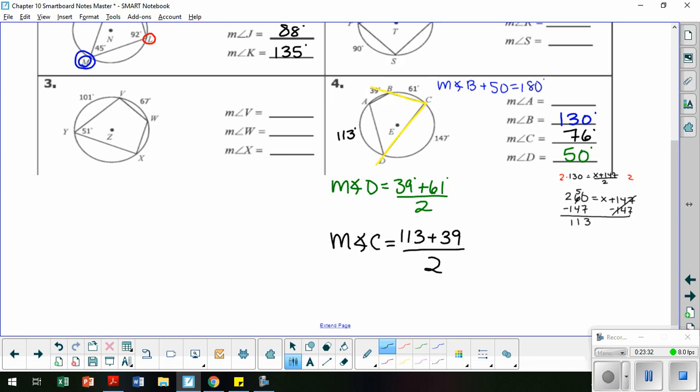If that's 76 right here, and angle D was 50, and this one was 130, to find A, it's going to be supplementary to C. Subtract that, and we get 104 degrees.